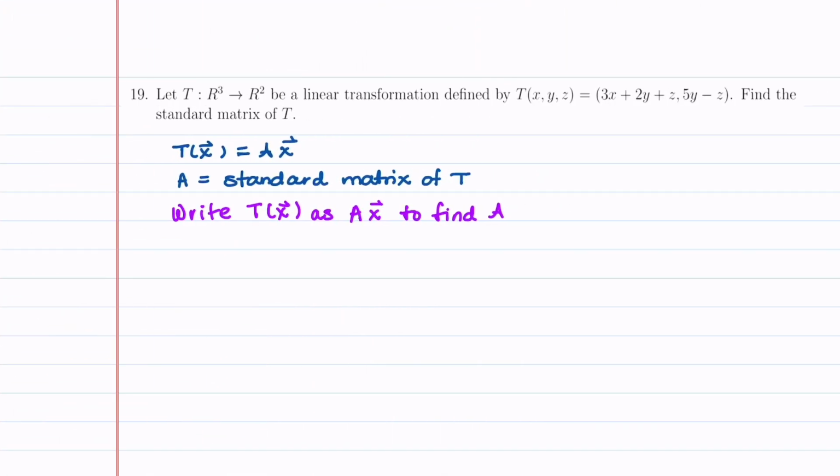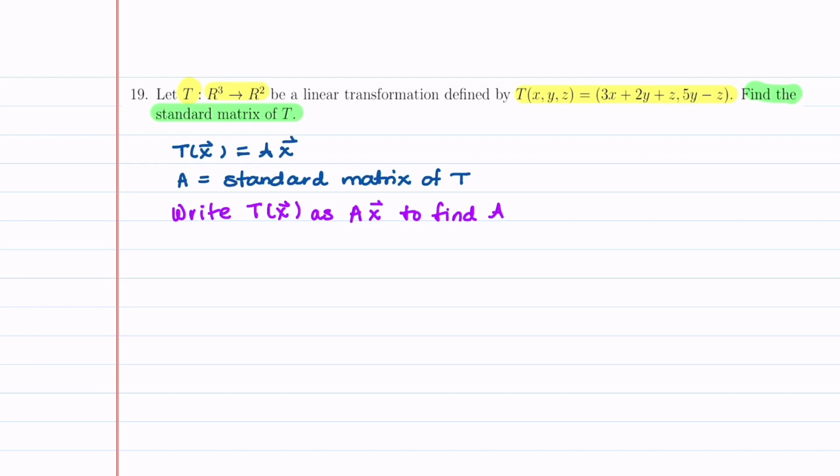In this problem, we're told that we have a transformation T from R3 to R2, and it's a linear transformation, and it's defined by T of x, y, z is equal to that vector, and we're asked to find the standard matrix of T. I think students often struggle with this problem because they have a hard time remembering what the standard matrix of T is.